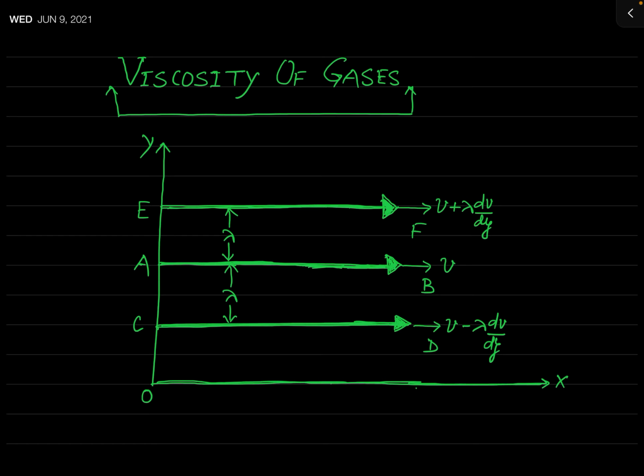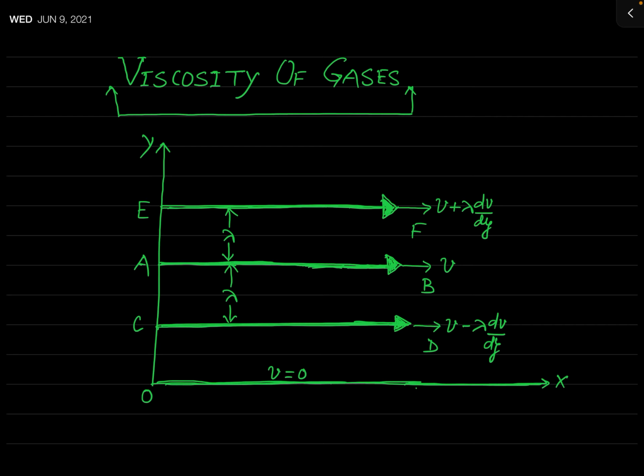So you can think that above this horizontal surface a gas is moving horizontally, parallel to this surface. The gas in contact with this horizontal surface is almost at rest, so you can say the velocity of the gas in contact with this surface is 0.